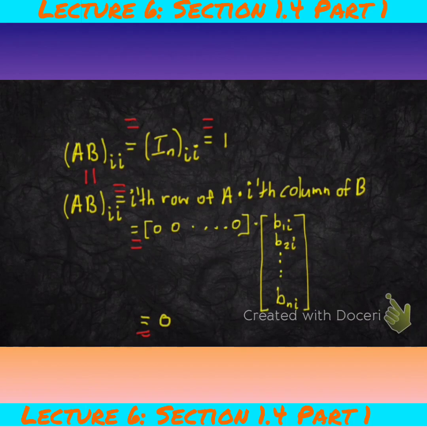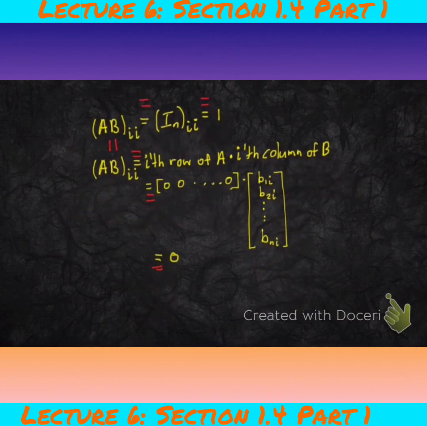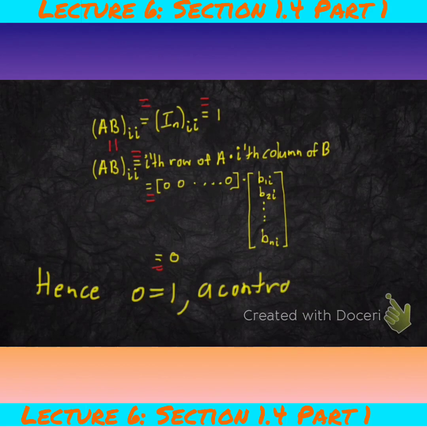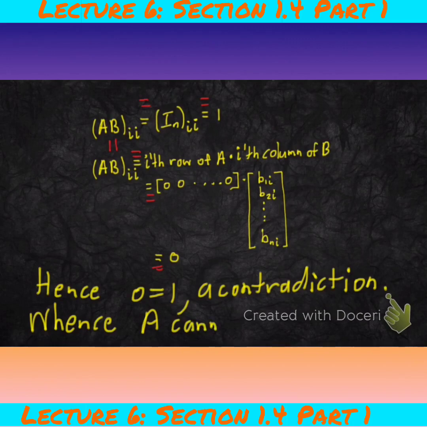And so what is the problem with that? Hence 0 is equal to 1, a contradiction. So we have a contradiction. Whence A cannot be invertible.